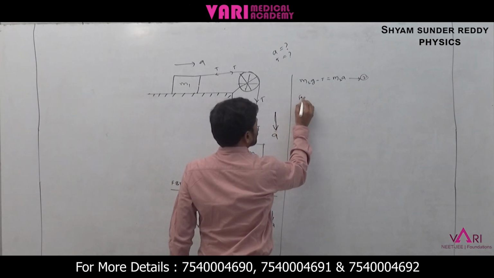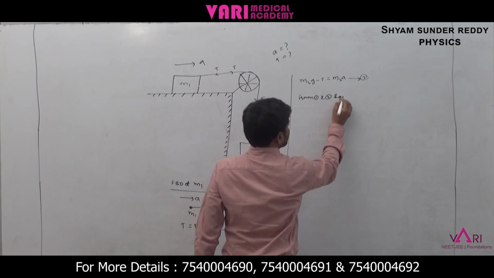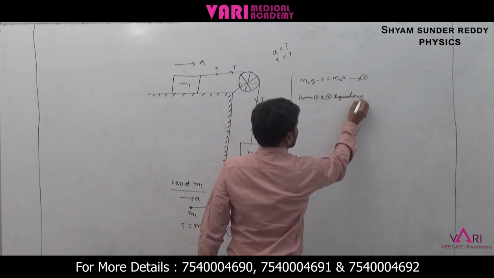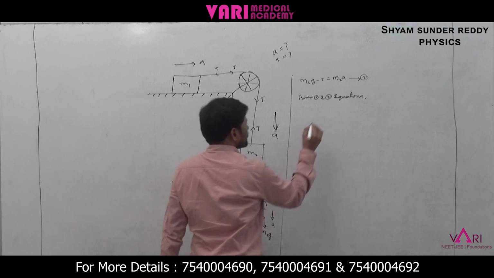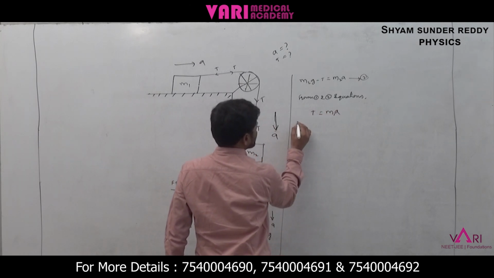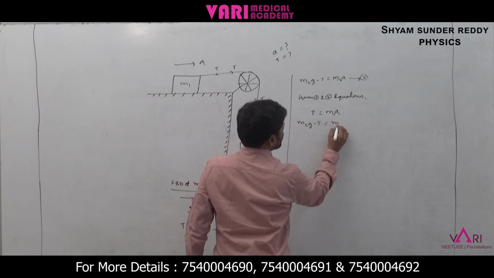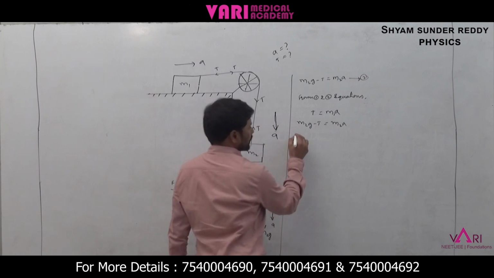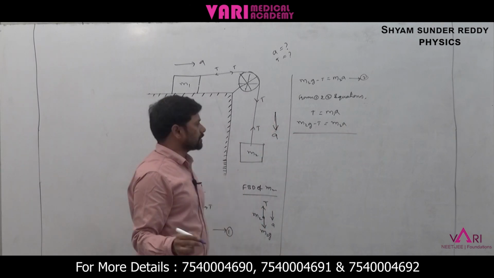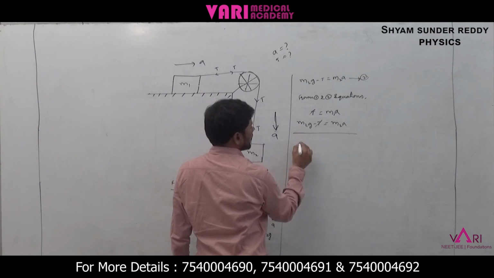From equations 1 and 2: T is equal to M1A and M2G minus T is equal to M2A. Add the two equations, then minus T plus T gets cancelled.